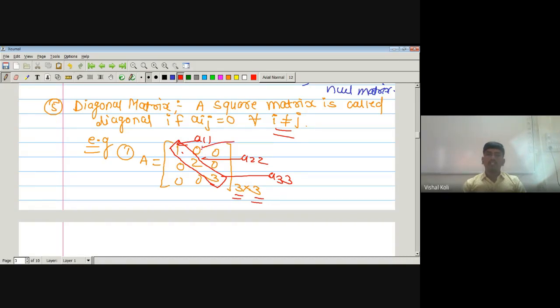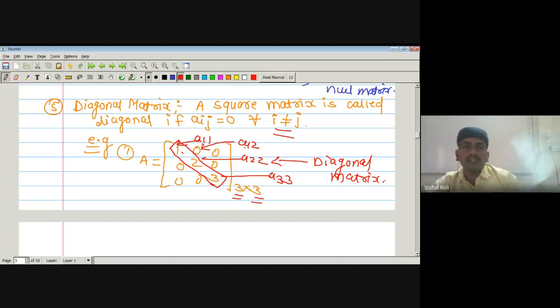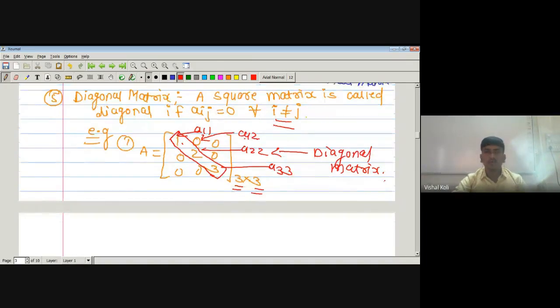Here this is A12, where 1 is not equal to 2, and it is equal to 0. Similarly for all the elements, Aij is equal to 0 for each i not equal to j, so this matrix is a diagonal matrix. Any square matrix is said to be a diagonal matrix if all of its non-diagonal entries are 0.